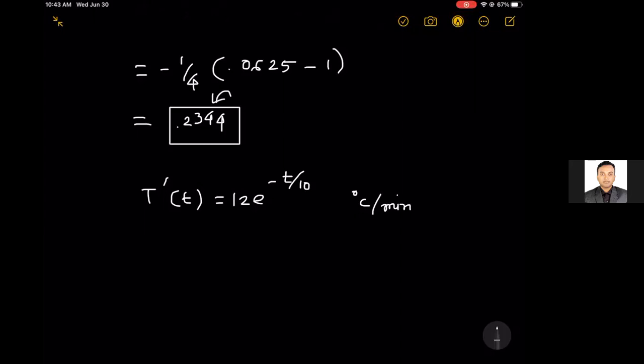We need to find the change in the temperature within this interval. That means right from the word go to the 15th minute, we want to find the change in the temperature.